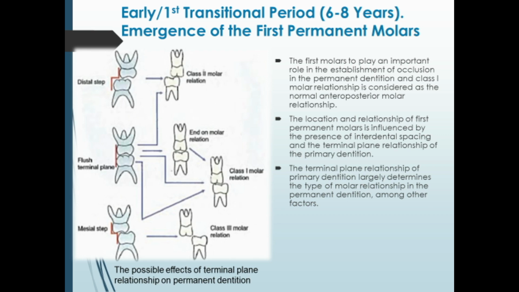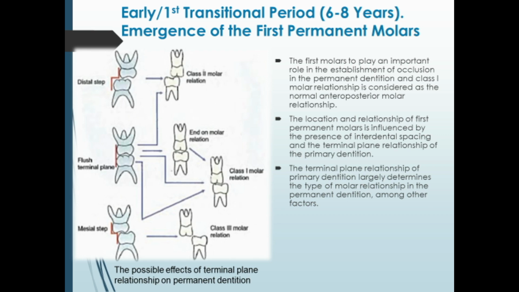Among other factors, the effects of terminal plane relationships are described in Figure 8. Effects of flush terminal plane. Flush terminal plane usually develops into class I first molar relationship in the permanent dentition. Some cases of flush terminal plane may also develop into class II molar relationship if forward mandibular growth is not sufficient.